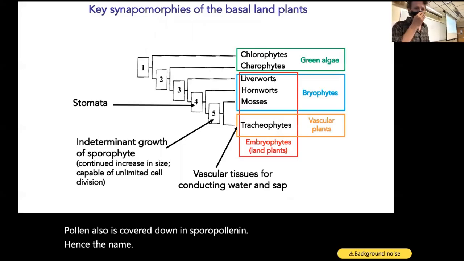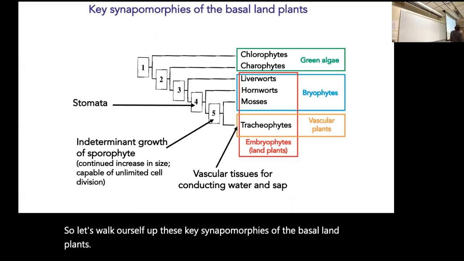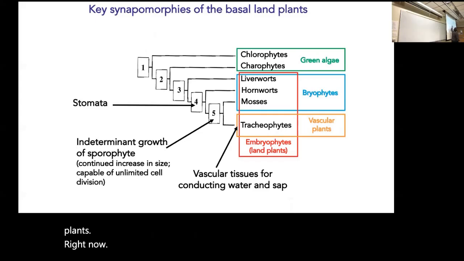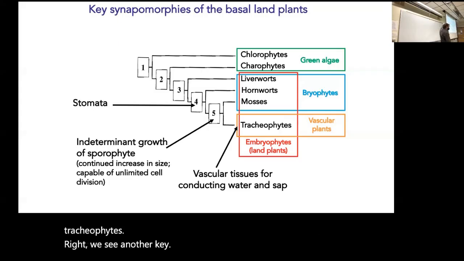Okay, so let's walk ourselves up these key synapomorphies of the basal land plants. Now, bryophytes, embryophytes. Once we get to the land plants here, within this group of plants associated with hornworts, mosses, tracheophytes, we see another key synapomorphy, something known as a stomate.